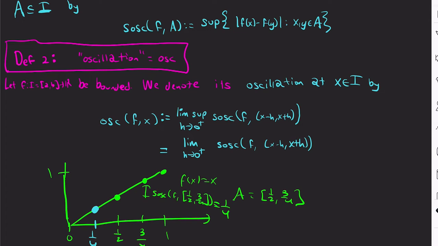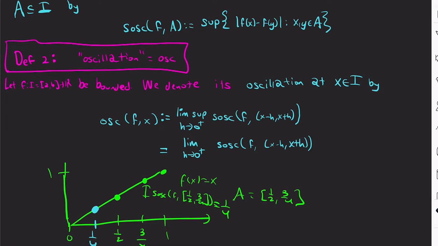Just as an example, if we take the identity f of x equals x, and we look at 1/2 to 3/4, and we ask what is the set oscillation on that set, then it's not very small. It's 1/4, because I can just take the maximum difference here, calculate that height, and it's 1/4. We don't care how close they are.